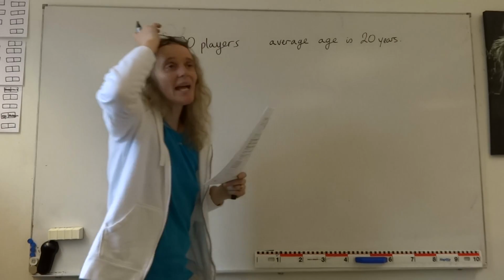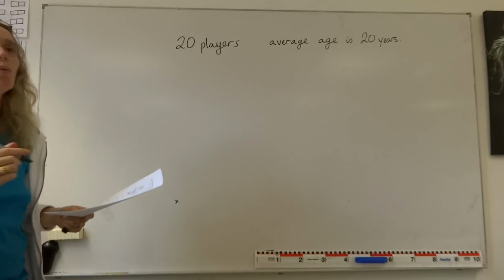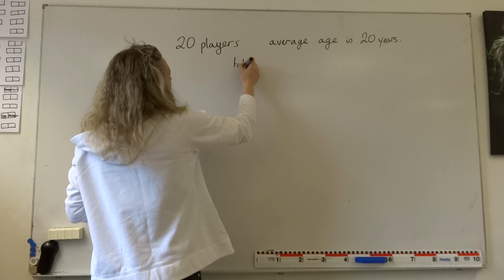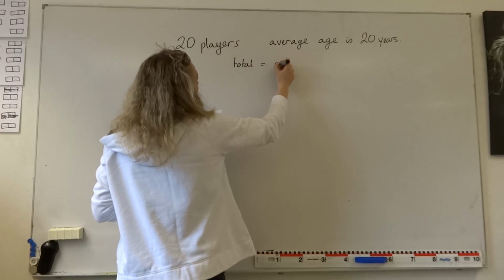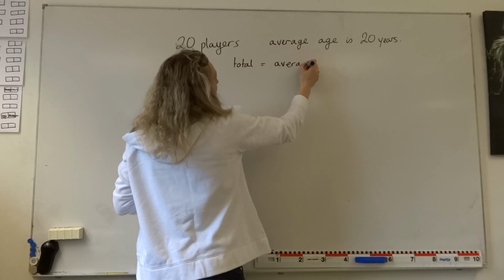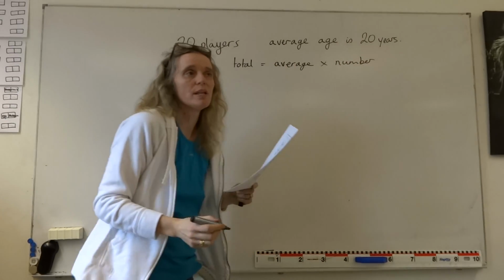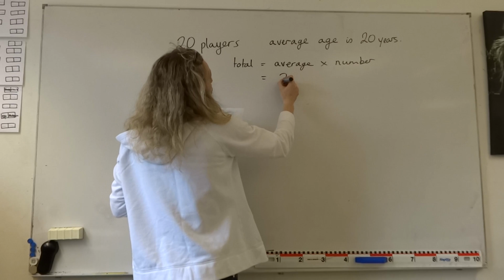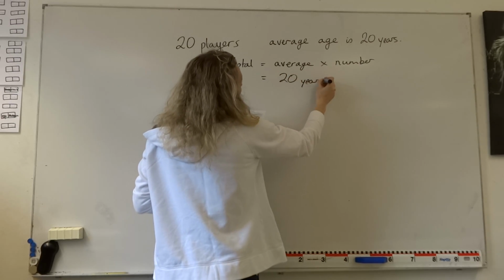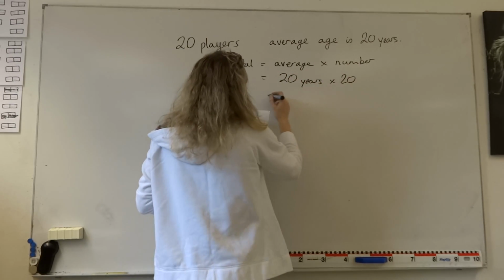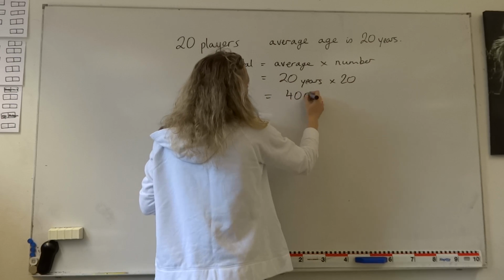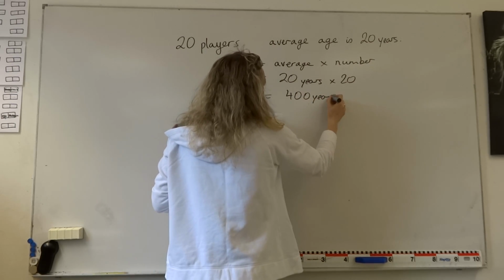So if we were to add the ages up of all of these people, what's the total age? Well, the total age will be the average age times the number of people, which will be 20 years times the 20 people. So the total age will be 400 years old.